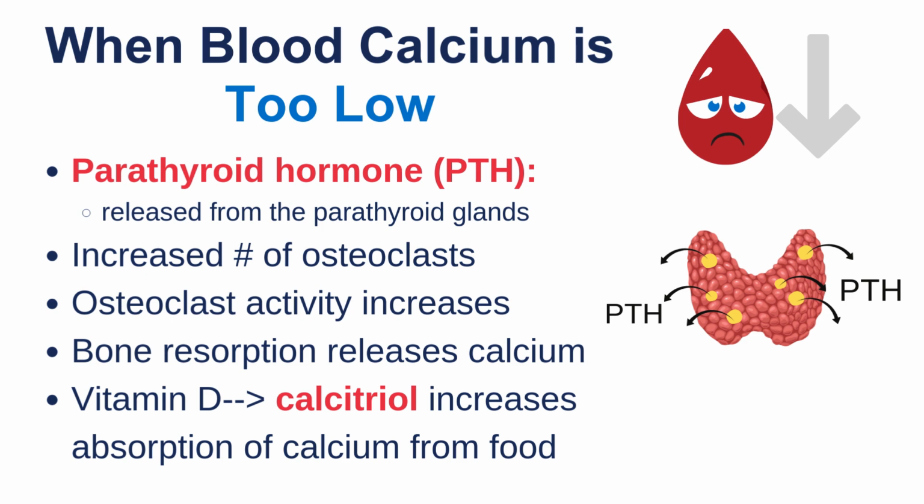Activated vitamin D is called calcitriol. Calcitriol increases calcium absorption in the small intestine, so more of the calcium from food reaches the blood. Together, increased osteoclast activity and calcium absorption from food raise the blood calcium levels back to a safe range.